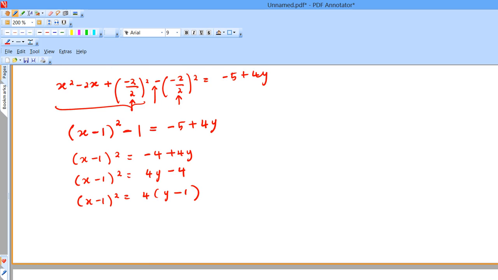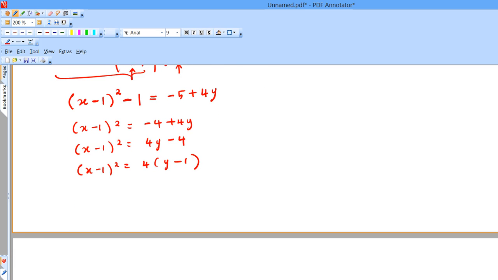So from this equation, or standard form, we know that this is a vertical parabola, and this value is positive, meaning it opens upward.